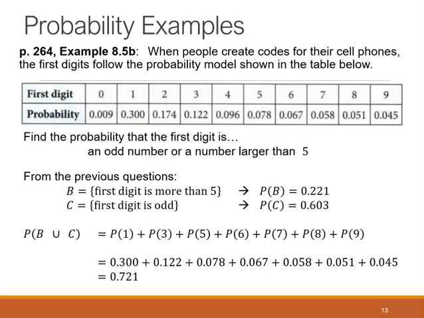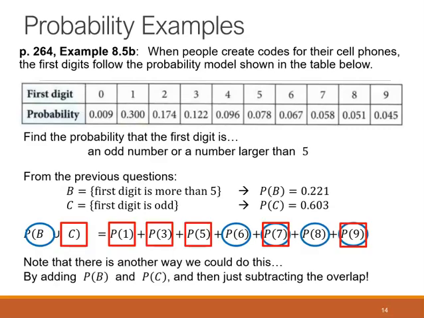Now, what if I did want to try to use my previous work? Obviously, 824 is the wrong number. Why is it going to be the wrong number? What if we counted twice? It'd be the probability of 7 and the probability of 9. We've counted them twice. You guys see that? So if I want to get the right number using probability of B and C, what do I have to take away?